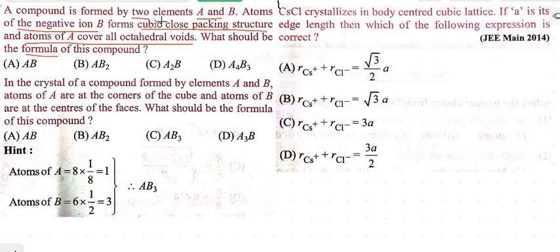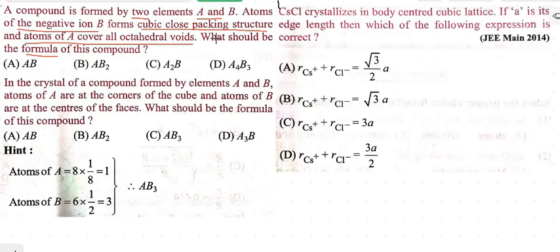Now, if you have done the previous video, you should be able to understand when we are talking about the octahedral voids in the cubic close pack structure. How many octahedral voids are present? There are four octahedral voids present in the cubic close pack structure.